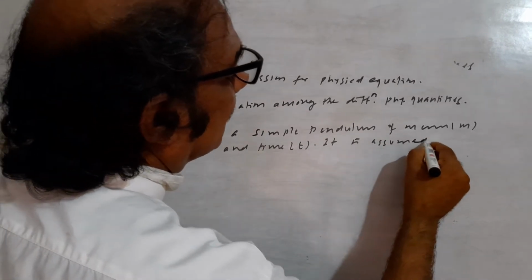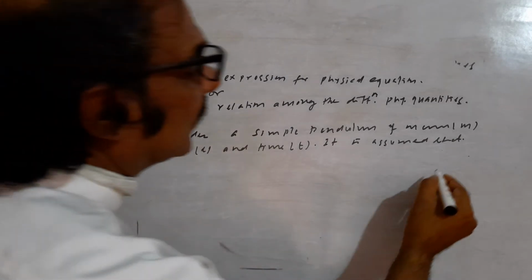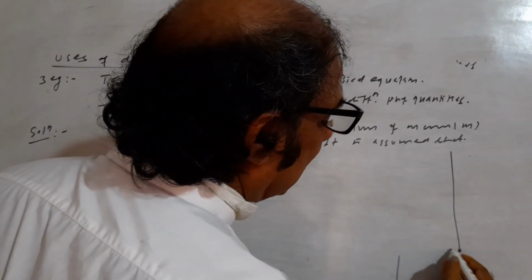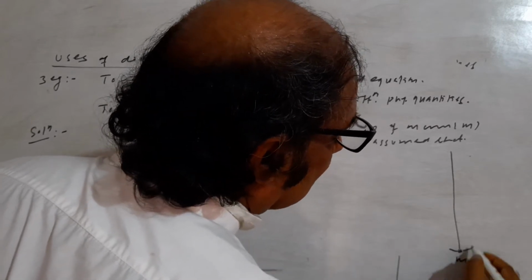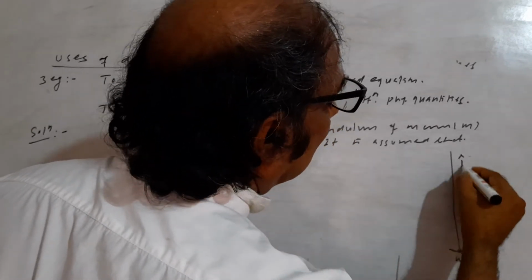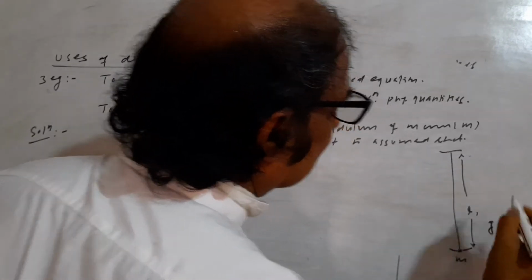It is assumed that the time period of a simple pendulum may depend on the mass, the length of the pendulum, and the place where the acceleration due to gravity is small g.